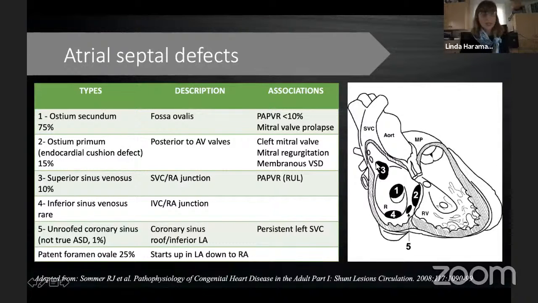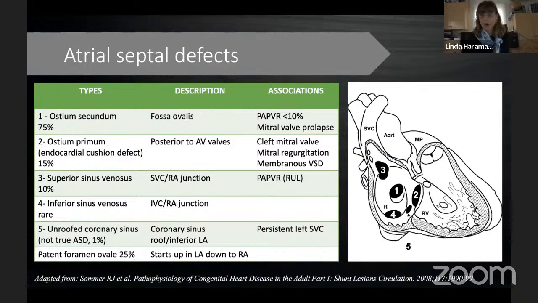It's about 10% of defects, so it's pretty common, and it's associated with right-sided partial anomalous pulmonary venous return. Number 4, the inferior sinus venosus defect, is actually a very rare anomaly at the IVC right atrial junction. And number 5, this is the orifice of the coronary sinus into the right atrium.